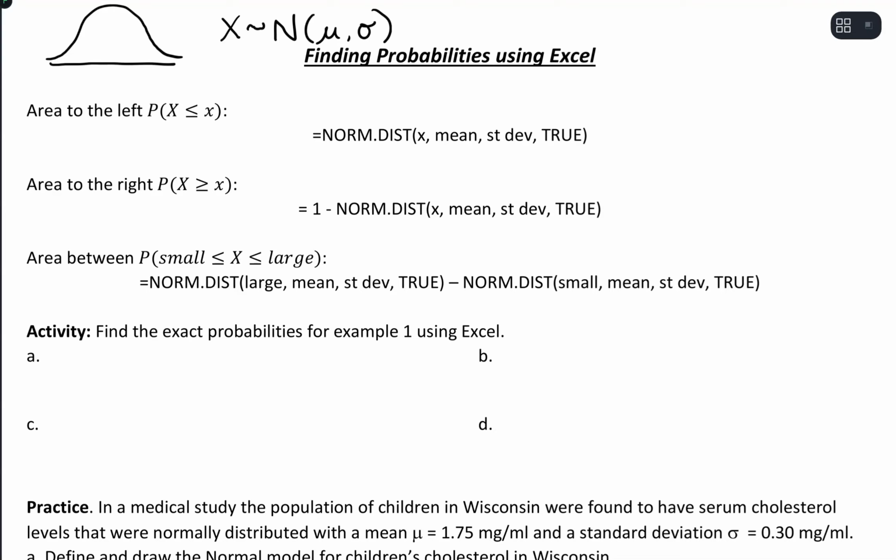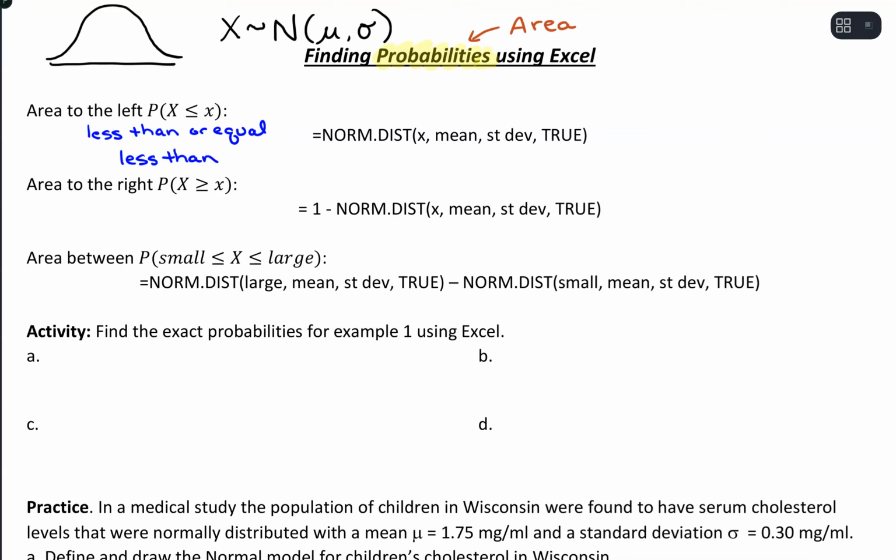So while we're asking questions about probabilities or percentages, you want to think of this as an area under the curve. So the first scenario, if we're calculating area to the left, so this is a scenario of looking for less than or equal to some cutoff value, less than or equal. It can also just be less than.